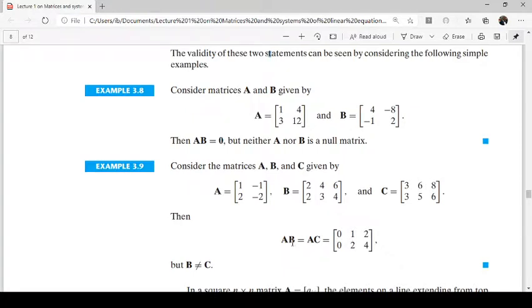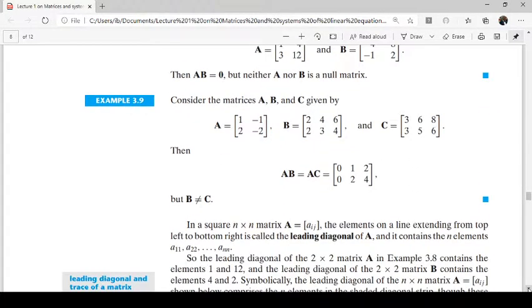So AB and AC are equal, but B is not equal to C. That's something you need to take from your knowledge of elementary algebra. That explains the second concept: in matrix equations, B is not necessarily equal to C.